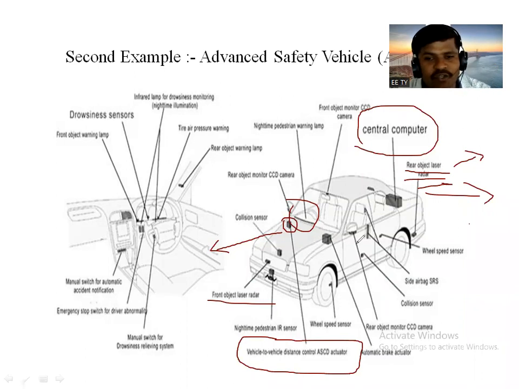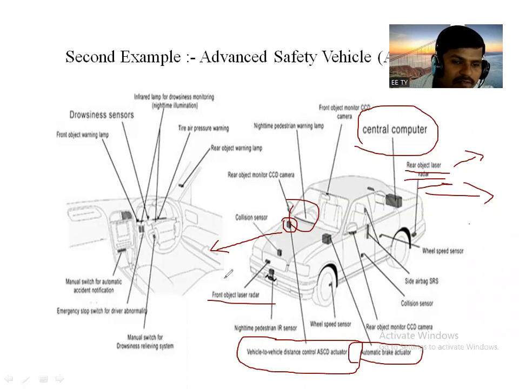Okay, here it is not shown in detail, but we have shown here a little, depending upon speed, depending upon distance, depending upon rear object, as well as depending upon the lane. Some types of sensor and actuator can be used. See here, there is an automatic brake actuator.